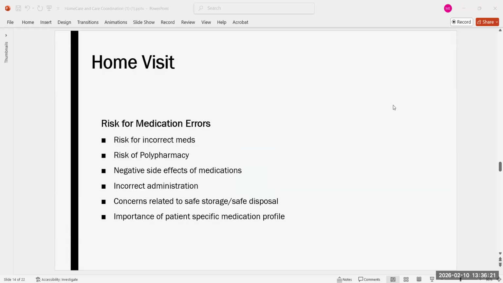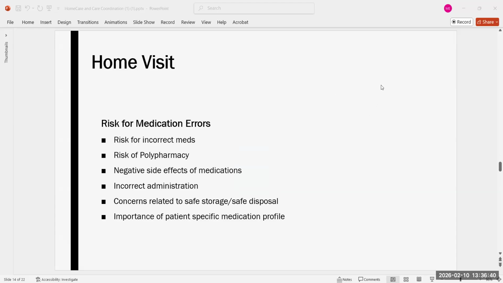There is a great risk for med errors, specifically with our older adults, and if there's a multiple number of chronic comorbidities. So risk for polypharmacy too, if they have multiple concerns and multiple providers and things aren't being reconciled.